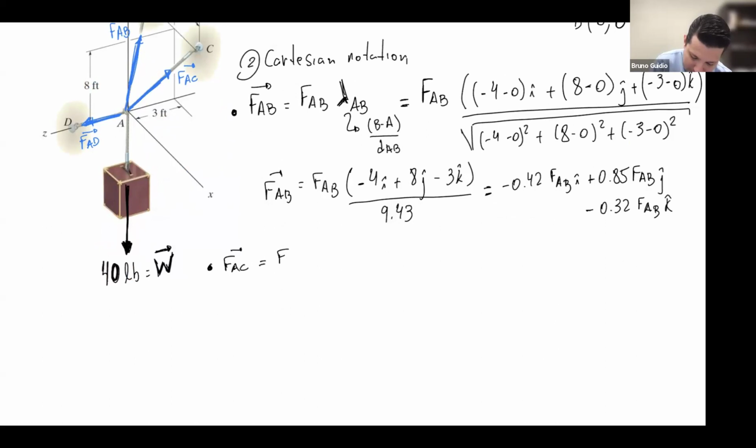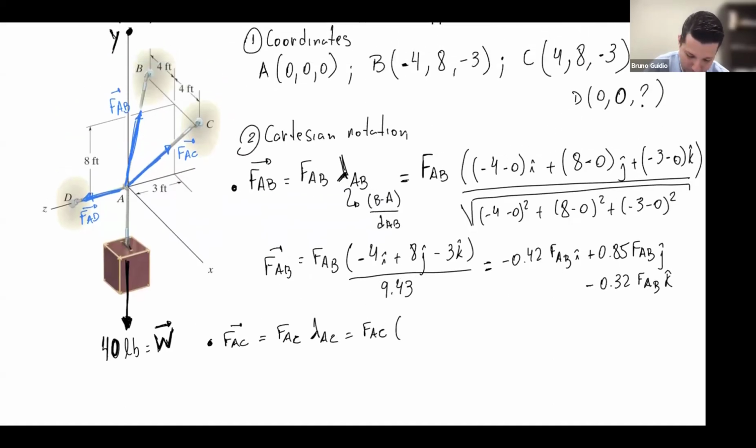FAC once again is FAC magnitude times lambda AC, which is C minus A: 4, positive 8, negative 3, so 4i hat, 8j hat, negative 3k hat. Let me go ahead and do that.